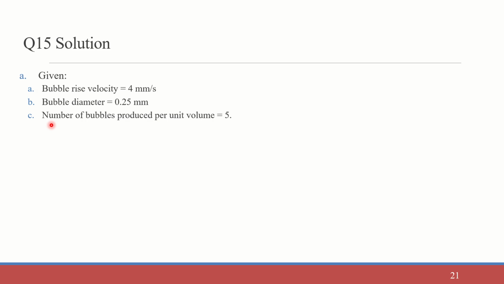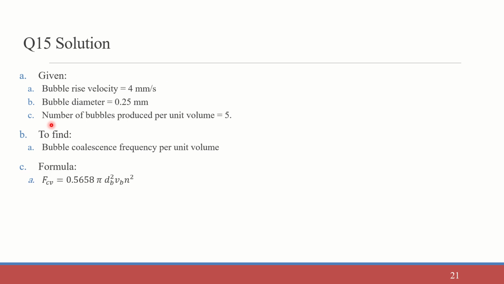How did we do it? We wrote the given and what to find, the bubble coalescence frequency per unit volume. The formula is FCV equal to 0.5658 into pi into N square into dB square into vB, where dB is the diameter of the bubble, vB is the bubble rise velocity, and N is the number of bubbles produced per unit volume. We just substitute everything in the equation and get the answer.